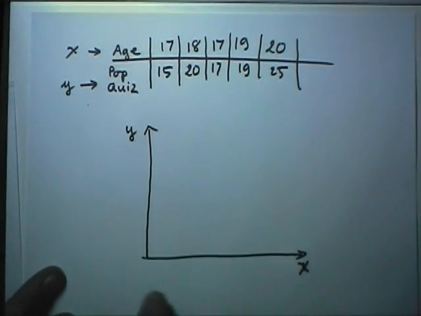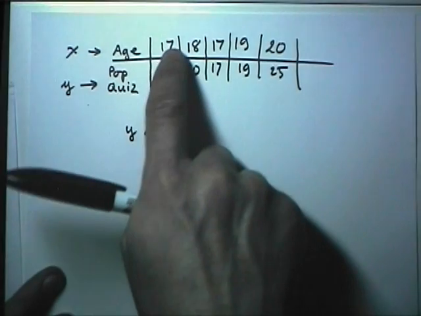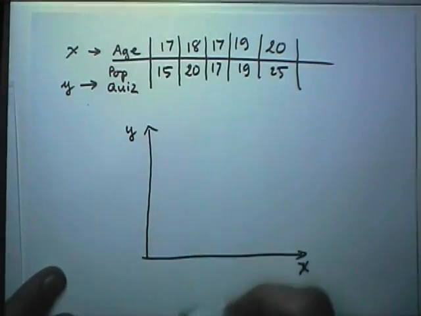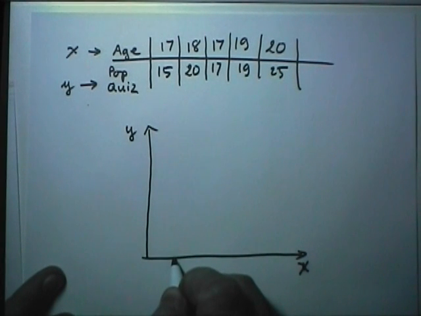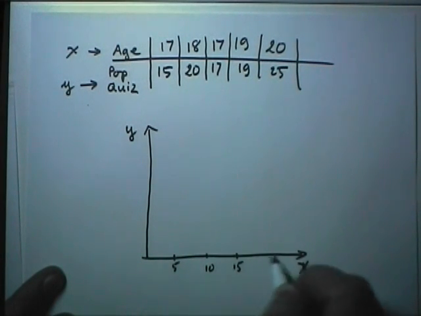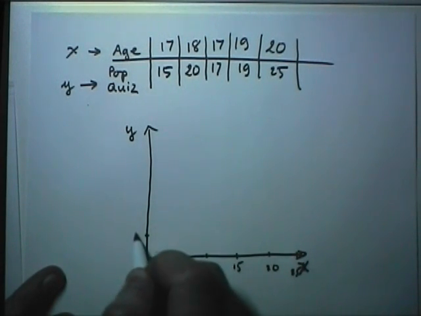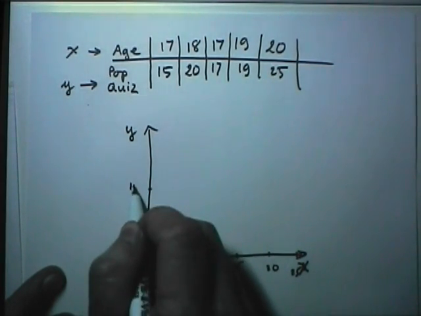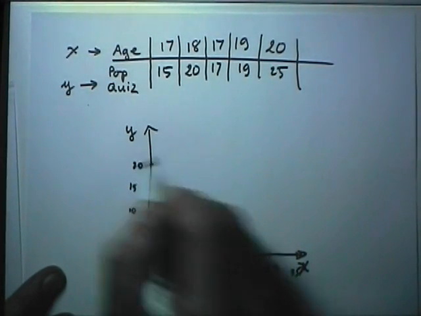So what I see is that for x of 17, we got 15 for y. So I would mark this as 5, 10, 15, 20, and then 25 right here. And then we have 5, 10, 15, and 20 here.